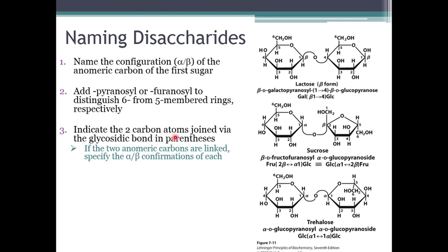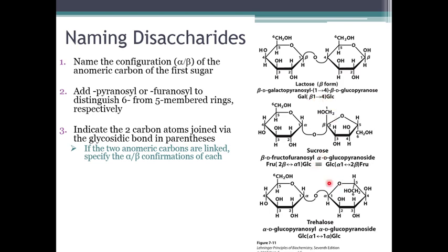Indicate the 2 carbon atoms joined via the glycosidic bond in parentheses. In case of lactose, the glycosidic bond happens between beta, that is the anomeric carbon, and the 4 carbon, and hence in parentheses you show beta 1 to 4.